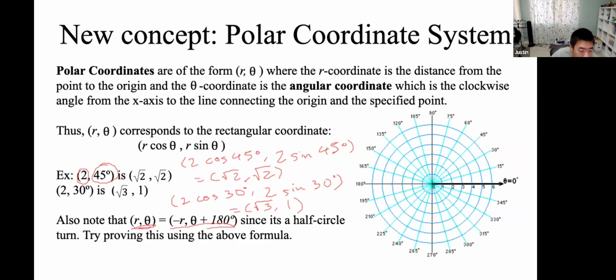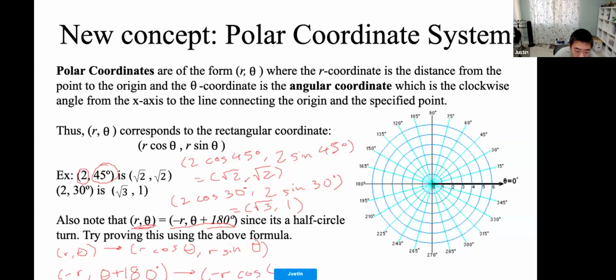But formally, you would write this as: r comma theta corresponds to this, as we showed, which means negative r comma theta plus 180 degrees would correspond to negative r cosine of theta plus 180 degrees and negative r sine of theta plus 180 degrees.